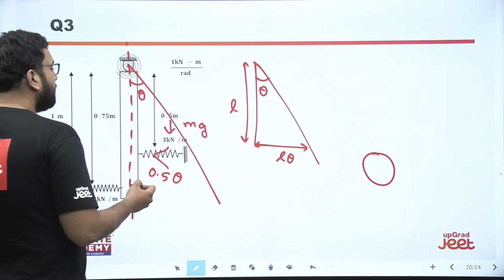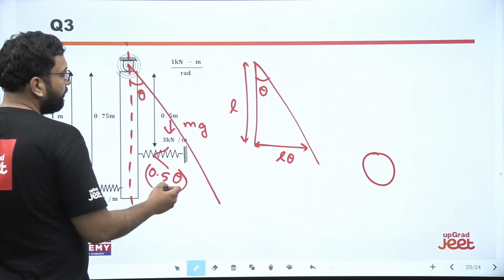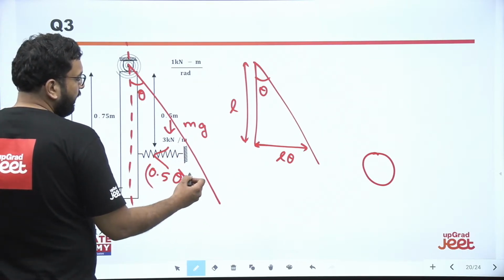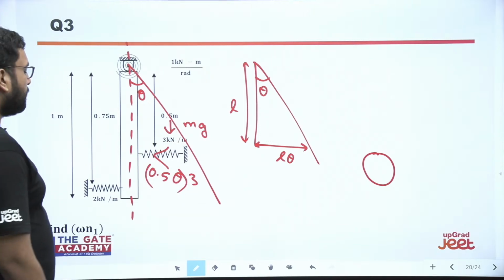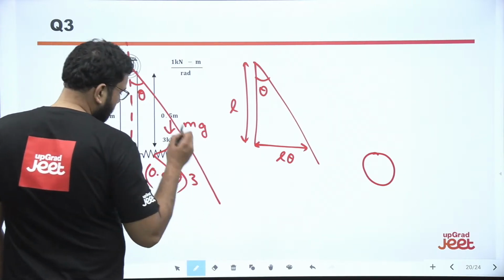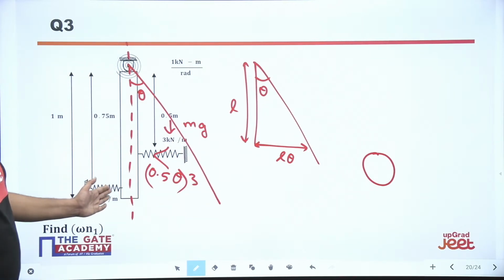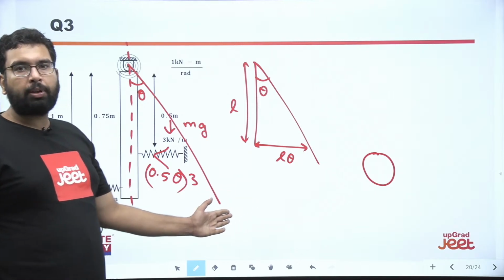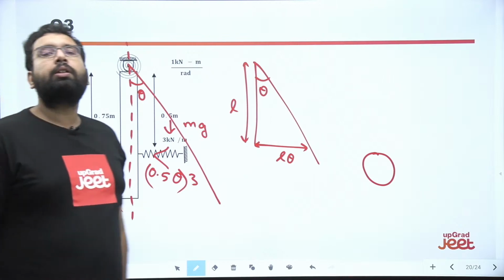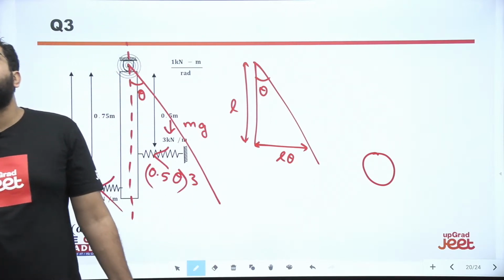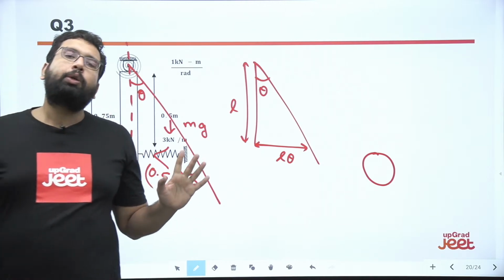And what is this force? Force is stiffness into displacement. Let's suppose this is 3, let's write 3 for now. Now this bottom spring is stretched, so what will be the direction of force? Due to the stiffness of the spring, the force is always opposite to the displacement.